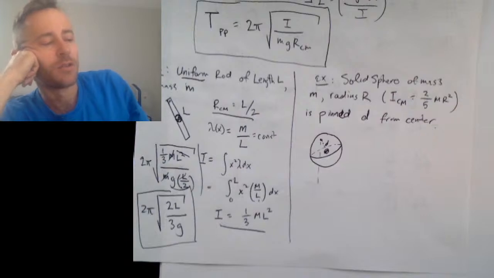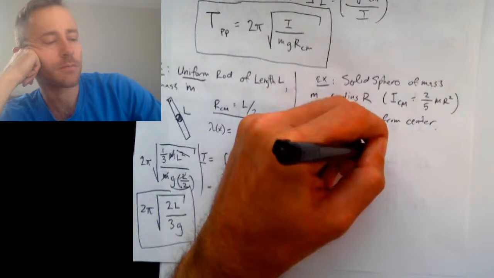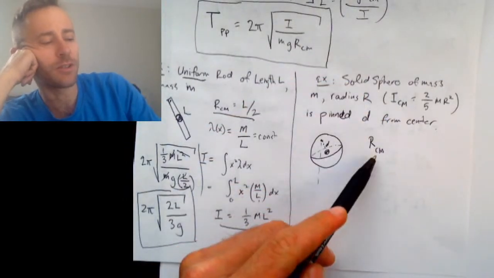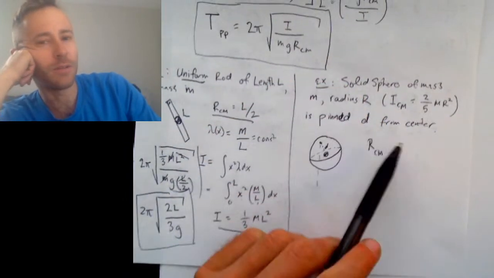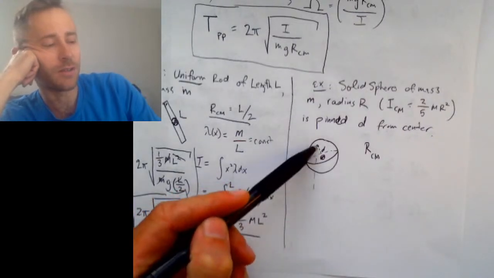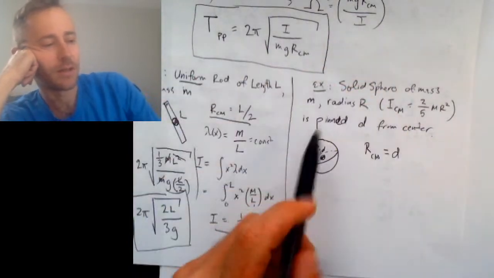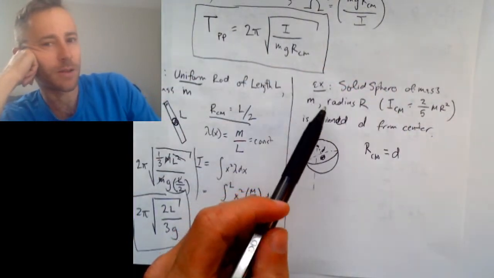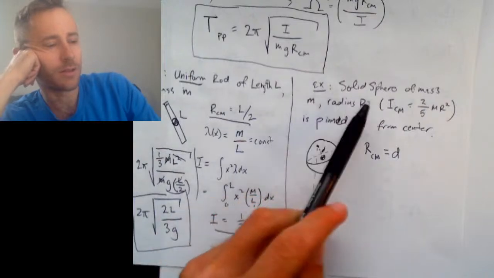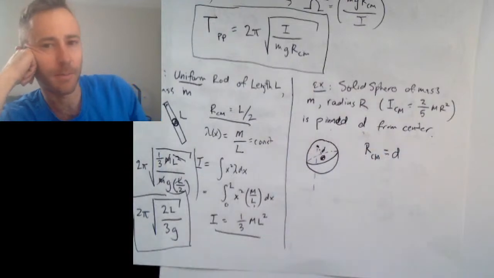So first of all, we've got to get R_CM. R_CM is the distance from the pivot to the center of mass, and I can see that by definition that is equal to d, because it's pinned a distance d from the center.